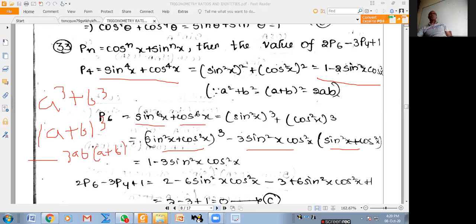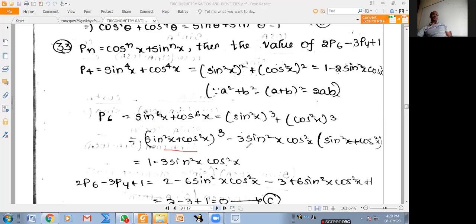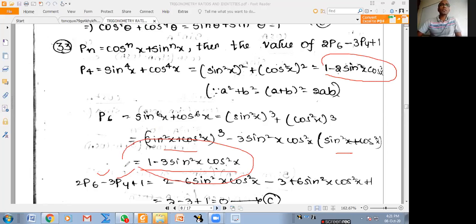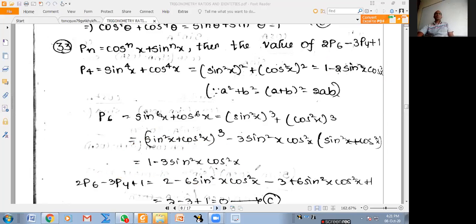That formula is used here. I generally write which formula is used also. Okay, this is 1 now, I'll get 1 minus 3 sin square x cos square x. Now you know P6, you know P4. P4 is 1 minus 2 sin square x cos square x, P6 is 1 minus 3 sin square x cos square x. Substitute it, some parts are getting cancelled, some numbers are getting added up. You will get the answer.